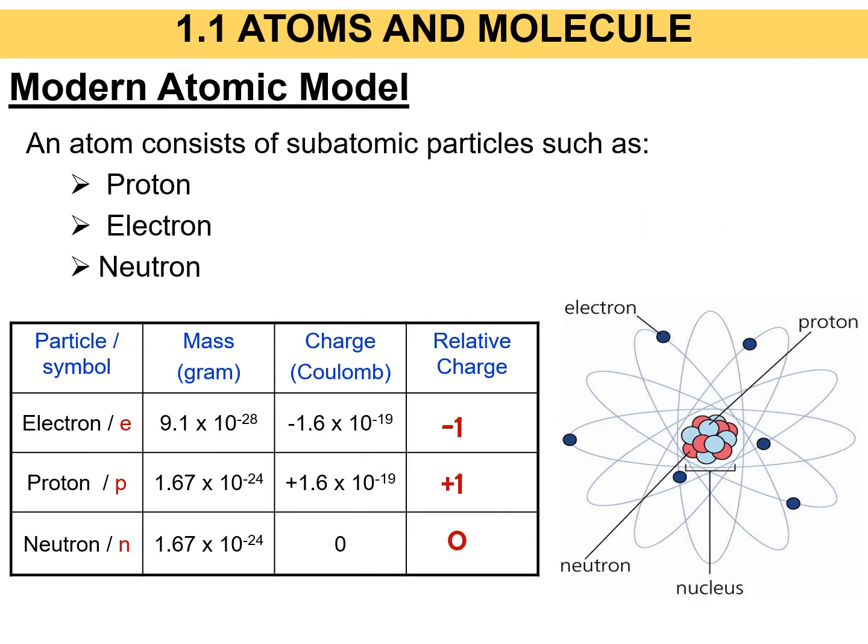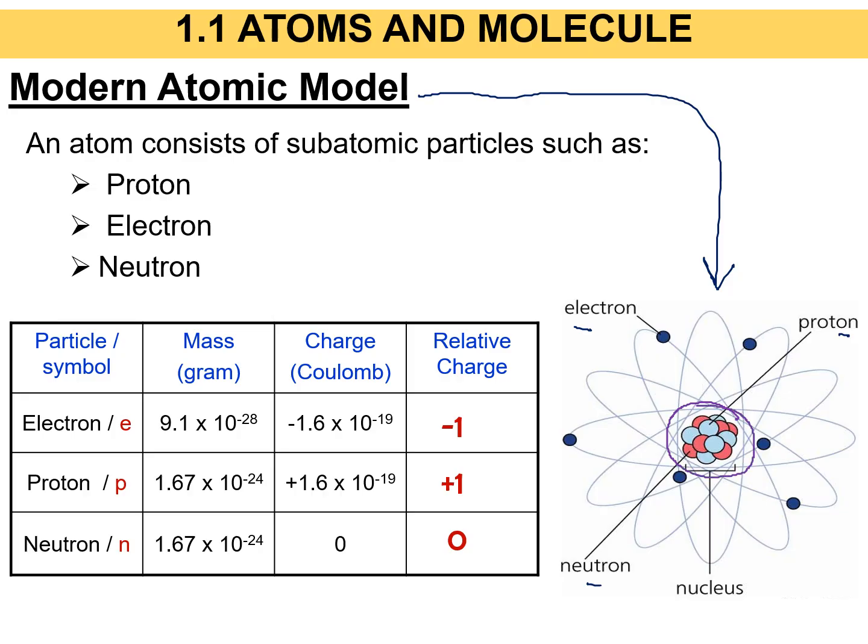For the modern atomic model, this is how the modern atomic model looks like. It consists of subatomic particles such as proton, neutron, and electron. This is the nucleus of the atom.